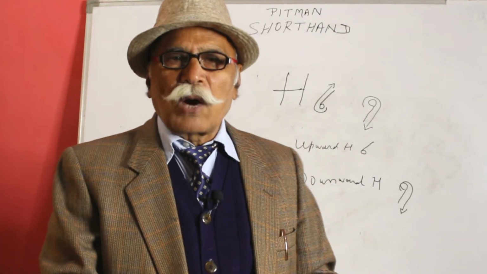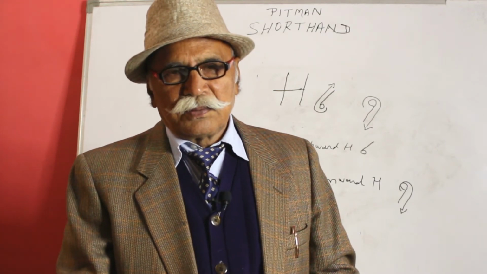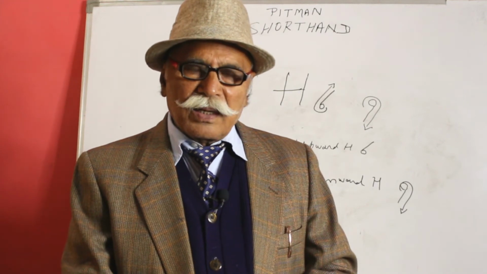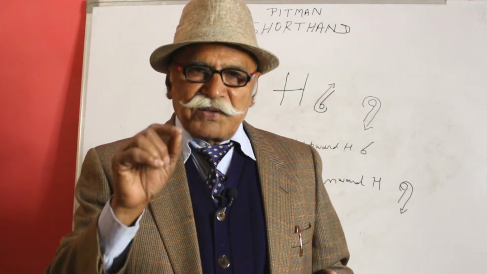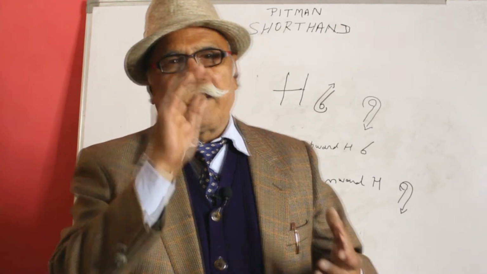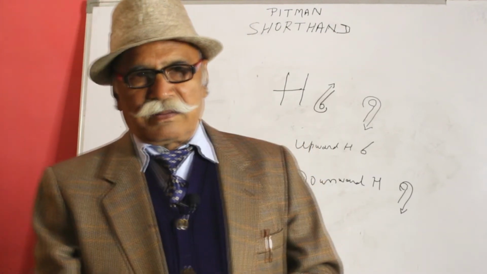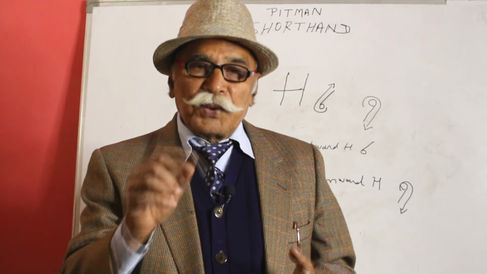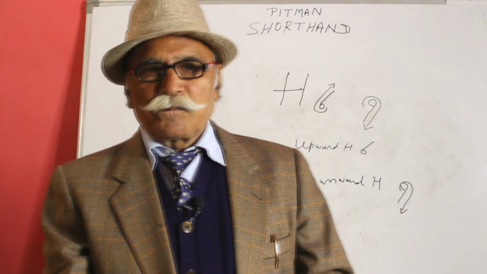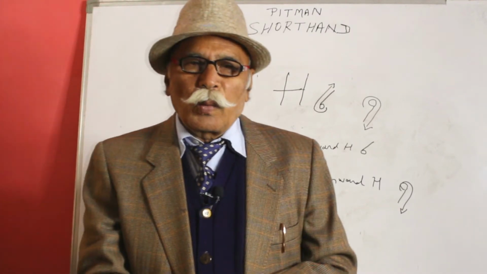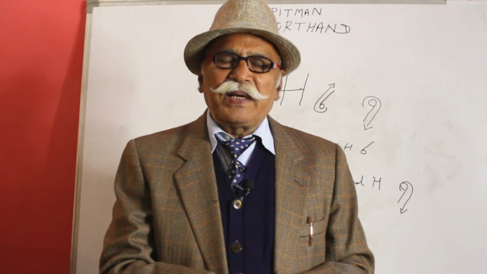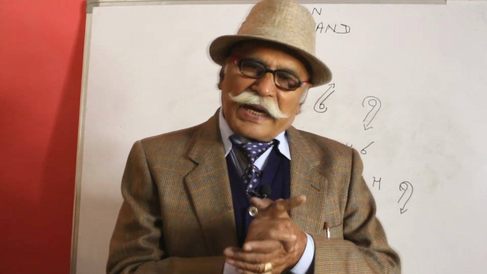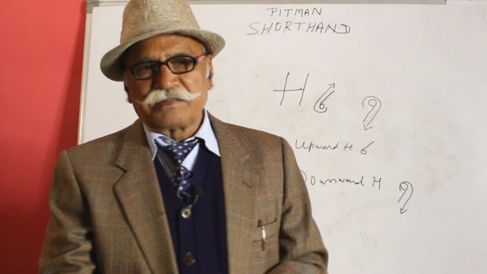Now I am coming to downward H. Downward H is used when H is followed by K and J, or used independently. Listen, when H is followed by K and J or used independently, then it is used downward.